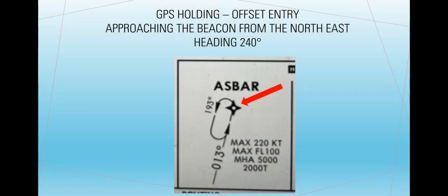GPS holding, offset entry. Approaching the beacon from the northeast heading 240 degrees.